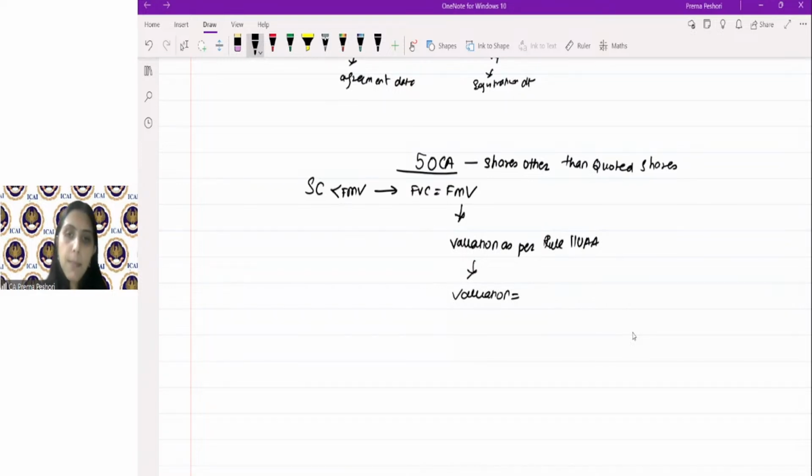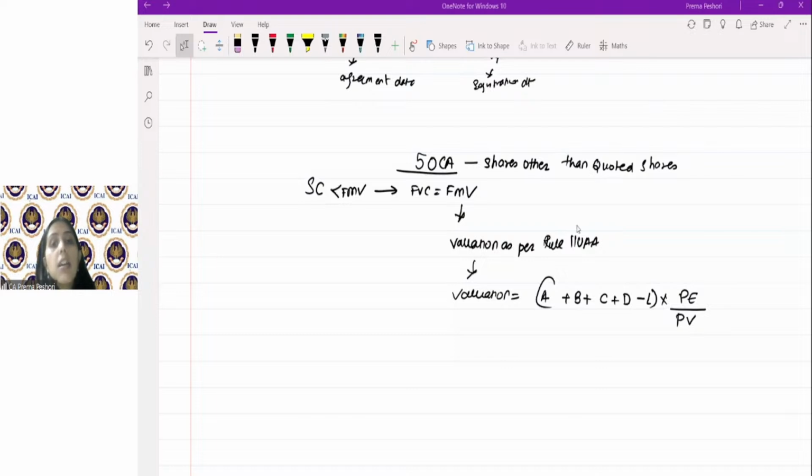So it is A plus B plus C plus D minus L into PE divided by PV. Right? So A is the book value of all the assets minus the income tax paid plus income tax refund minus unamortized expenditure.